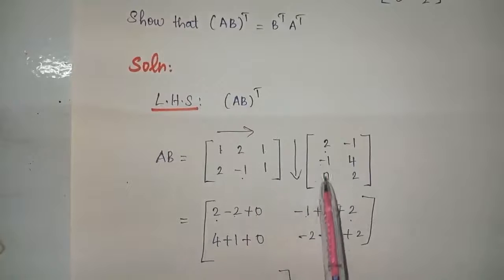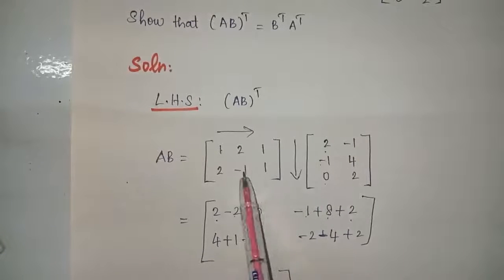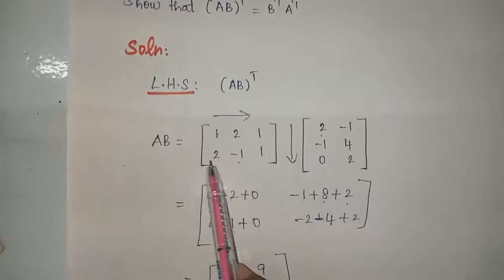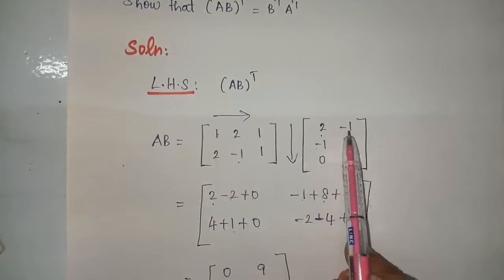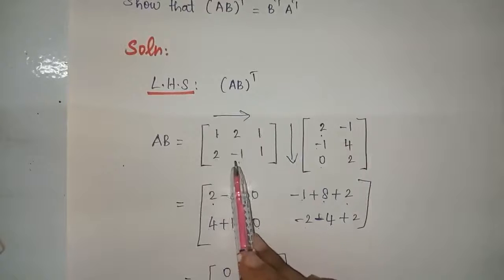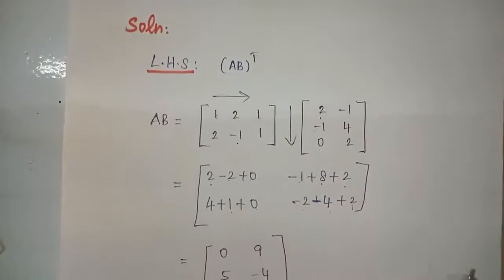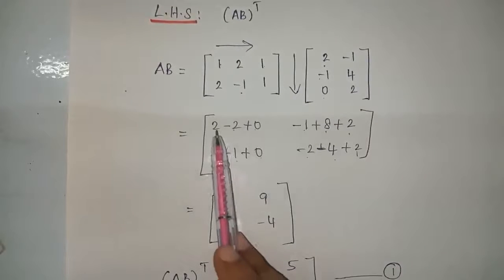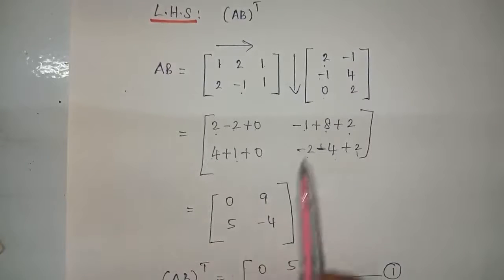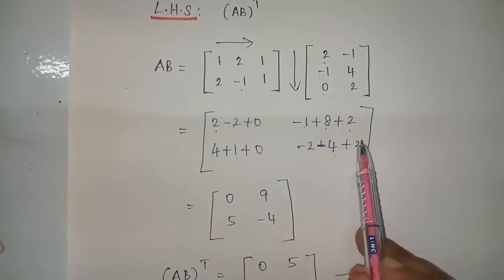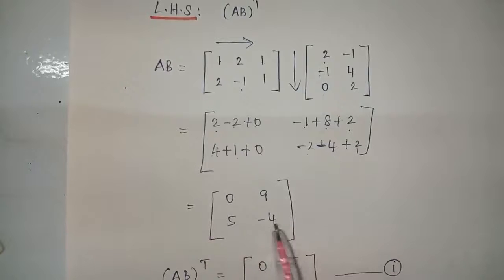Then second row, first column: 2 2s are 4, minus into minus plus 1, 1 into 0 is 0. Second row, second column: 2 into minus 1 is minus 2, minus 1 into 4 is minus 4, 1 into 2 is 2. So you get the values: 2 minus 2 gets cancelled, you get 0; minus 1 plus 8 plus 2 is 9; 4 plus 1 is 5; minus 2 plus 2 gets cancelled, you get minus 4.